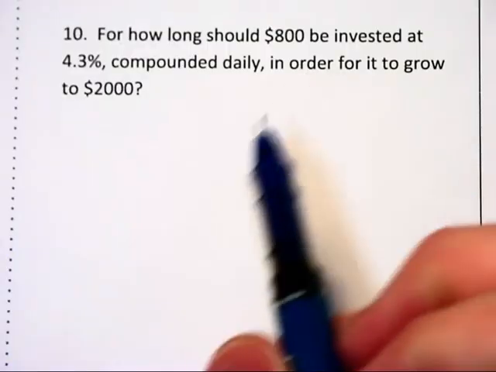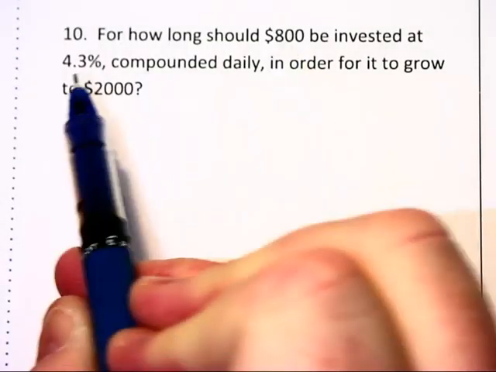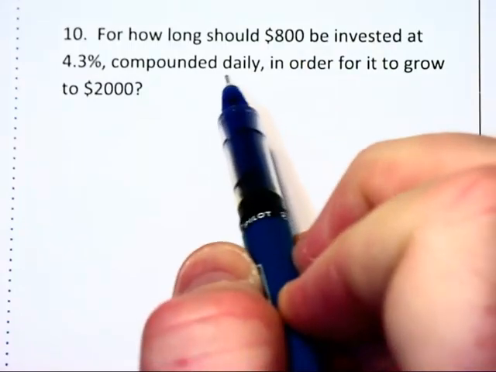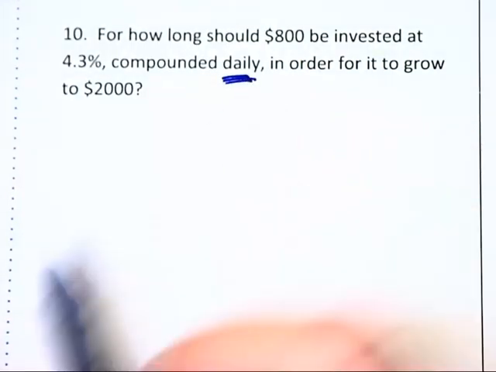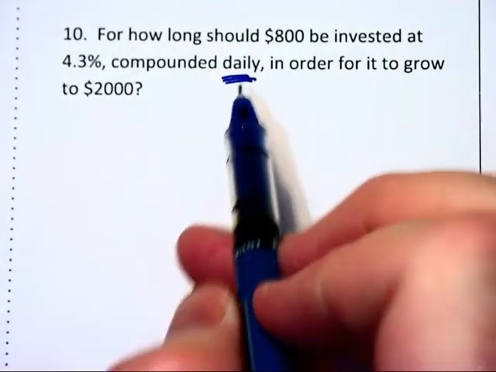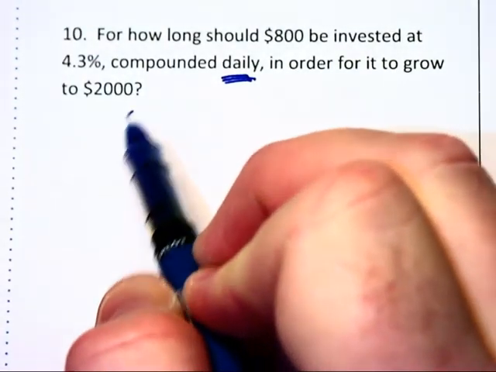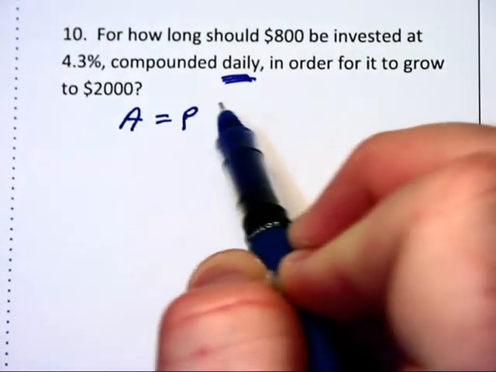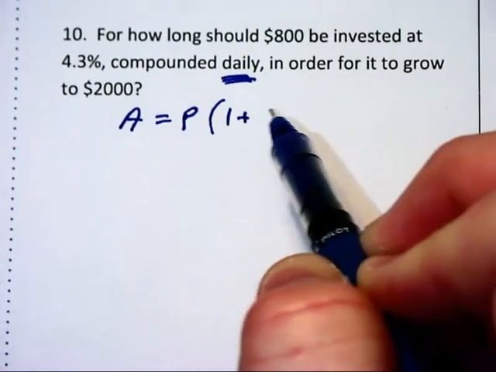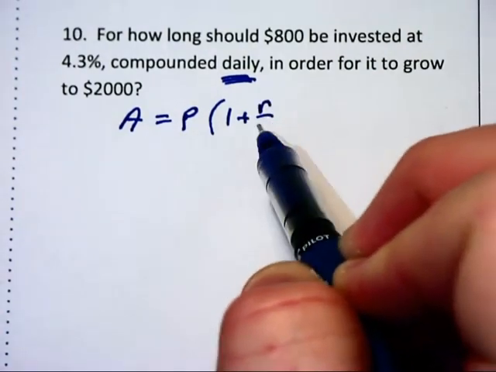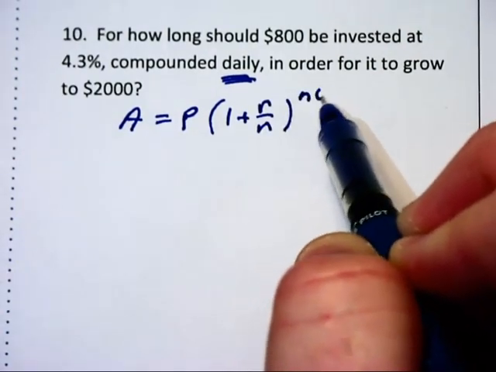Okay, for how long should $800 be invested at 4.3% compounded daily? Okay, that right there, in order for it to grow to $2,000. That word daily tells us we're going to be using the formula 1 with the 1 plus r over n to the nt power.